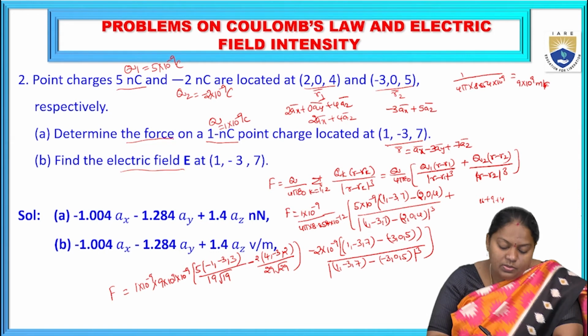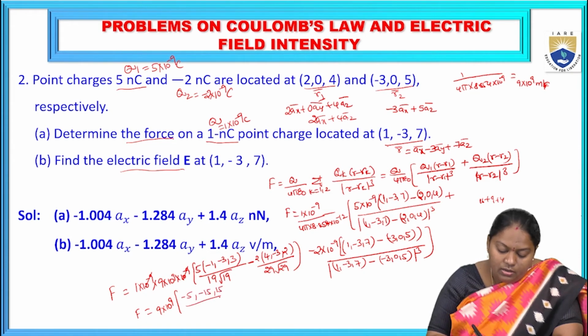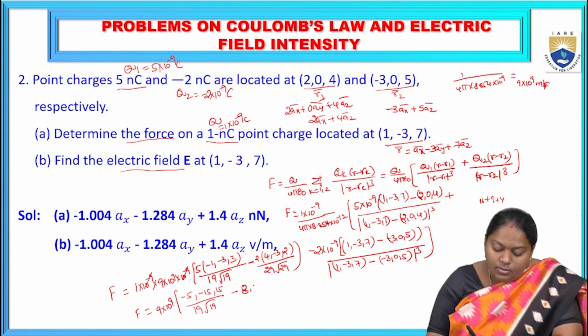Right? So if we simplify further, F equals 10 power minus 9, and this 10 power minus 9 gets cancelled, then 9 into 10 power 9 is left out. 10 power 9 into (5 minus 5, minus 15 plus 15) by 19 root 19, minus 2 into (2 fours are 8, minus 6, 4) by 29 root 29.